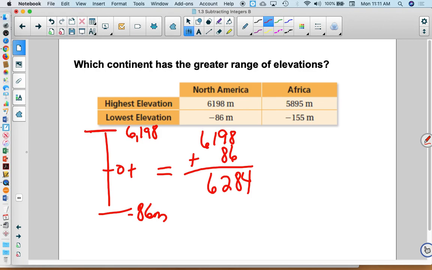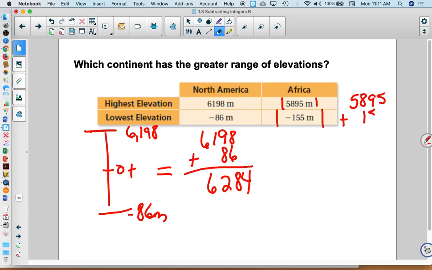So if I add the absolute values, I'm adding the absolute value of this one and the absolute value of this one. I've got 5,895 plus 155. What do you get when you add them together?